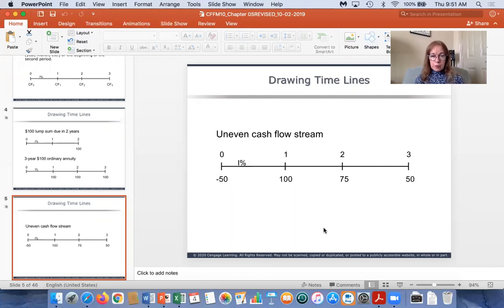So you can skip the uneven cash flow stream for this chapter. But basically all they're saying here is that where an annuity is an equal payment, an uneven cash flow stream is different payments. So this would be an investment where you put up $50 and then your cash flows, this is what you're getting back in year 1, 2, and 3.